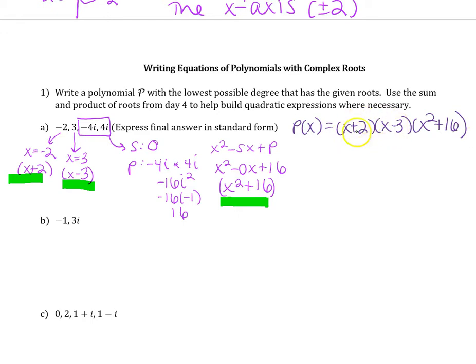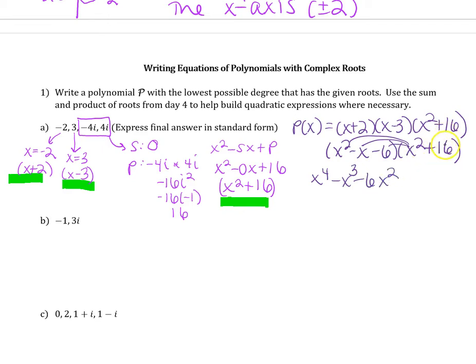So first thing I would do is these two binomials right here, which is x squared plus 2x minus 3x is minus 1x minus 6. Okay, and I'll take that and multiply it by x squared plus 16. So I'm doing this. So I've got x squared times x squared, so x to the 4th, minus x cubed, minus 6x squared.